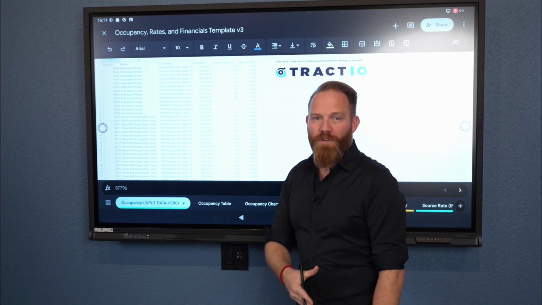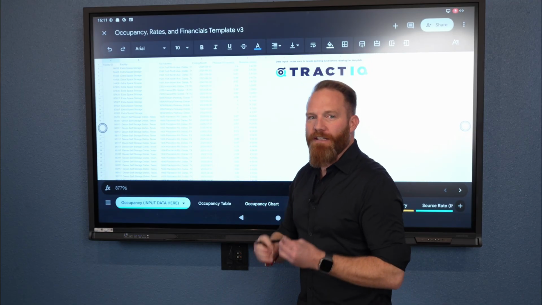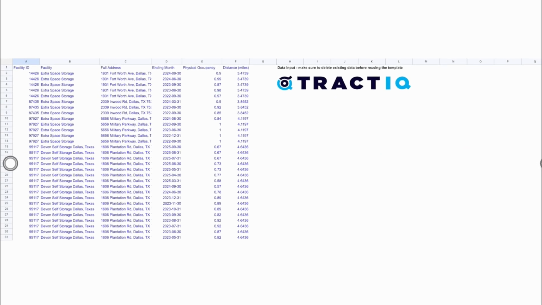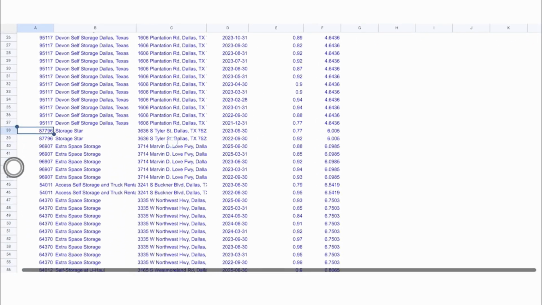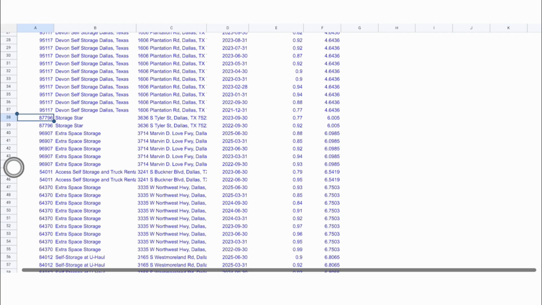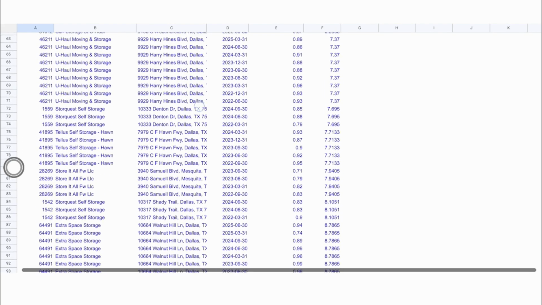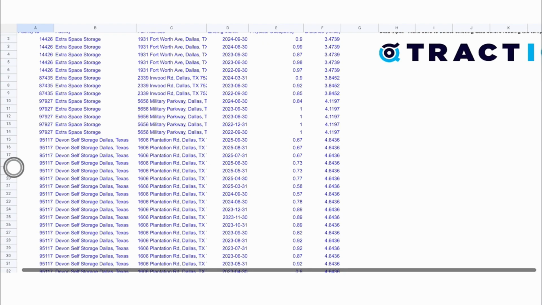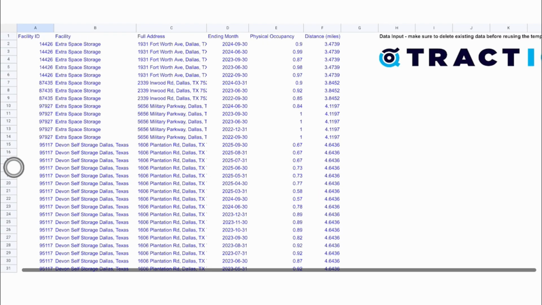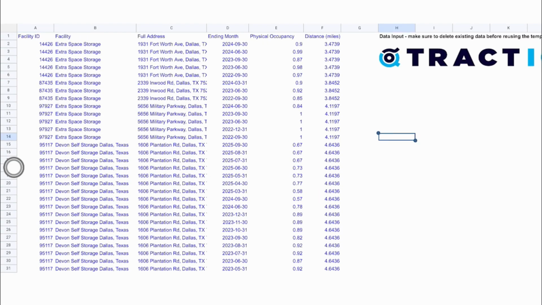We can export that data and break it down by the individual competitors like Extra Space, Devon Self Storage. We have more. Access Self Storage, U-Haul, StoreQuest, and more. We can look at what their physical occupancy is, and we can see different ranges as well as the dates on this information.